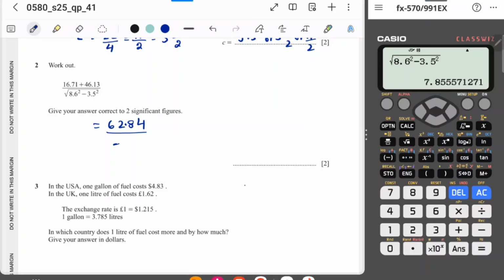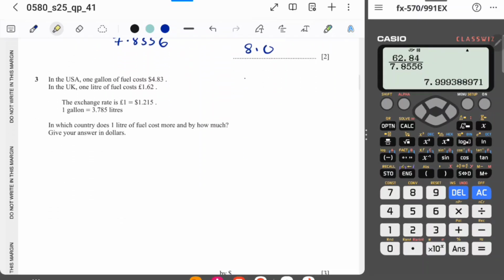You can write it as 7.856, or 7.8556. Divide the number, you will get 7.999, which is approximately equal to 8.0. You have to write two significant figures, so that is equal to 8.0, and this question was 2 marks.